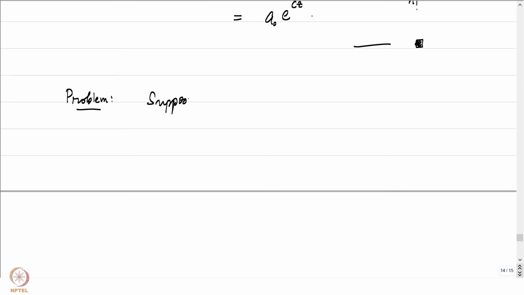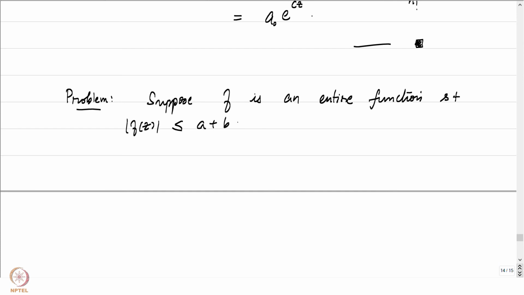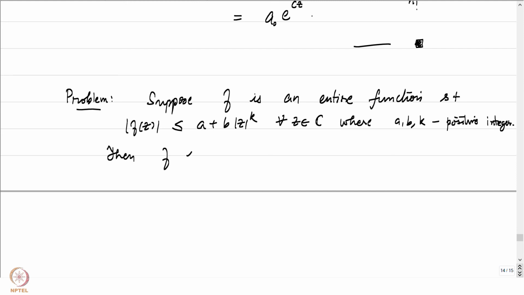Suppose f is an entire function such that the absolute value of f of z is less than or equal to a plus b times mod z to the power k for all z in C, where a, b and k are positive integers. Then f is a polynomial.